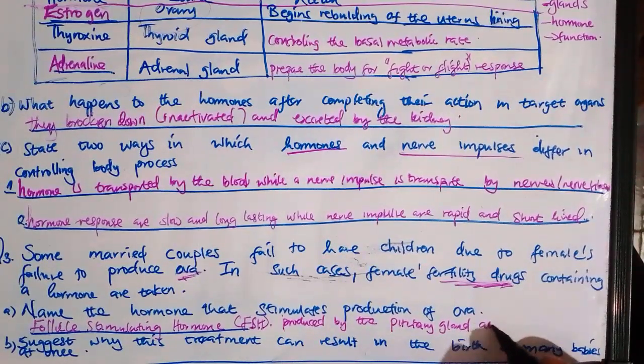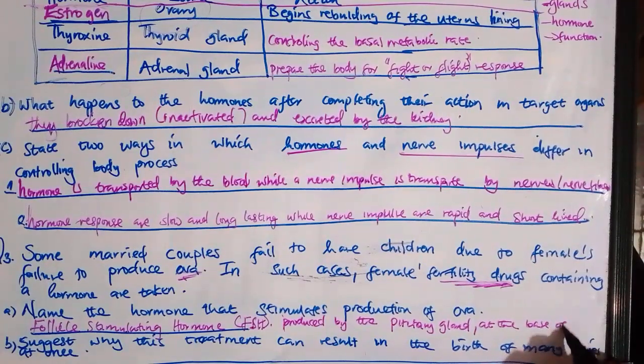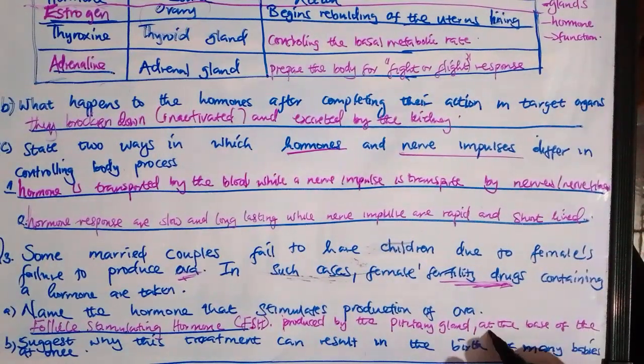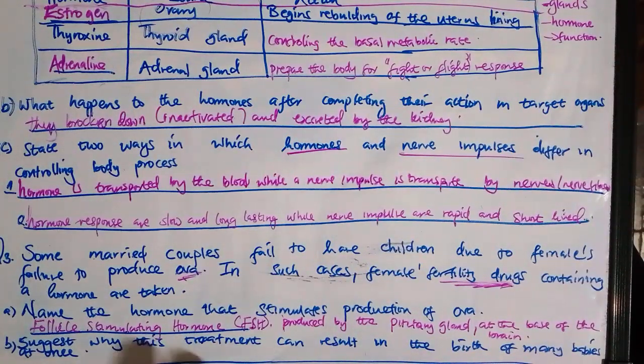At the base of the brain. So remember, we have solved how many questions in just one? We have solved 3. They can ask you, what gland produces this hormone? You can say pituitary gland. Where is it located? At the base of the brain. So in case they bring any other question apart from naming the hormone, you can write that.